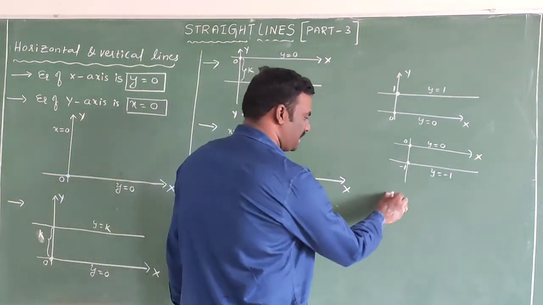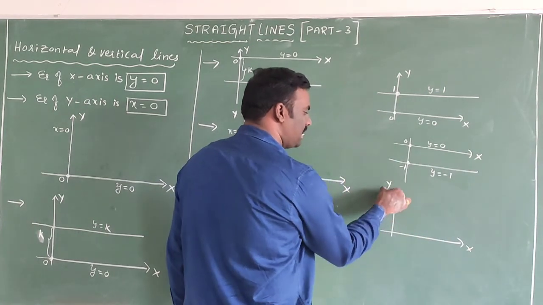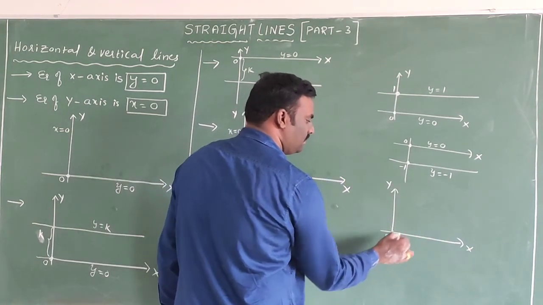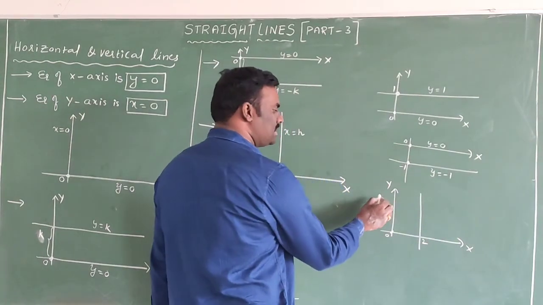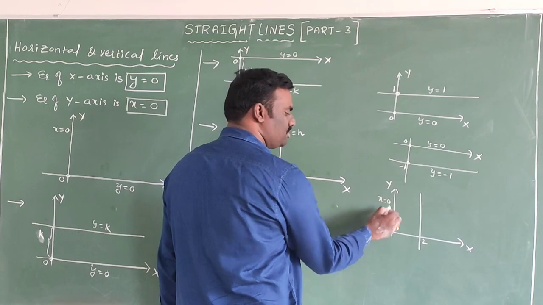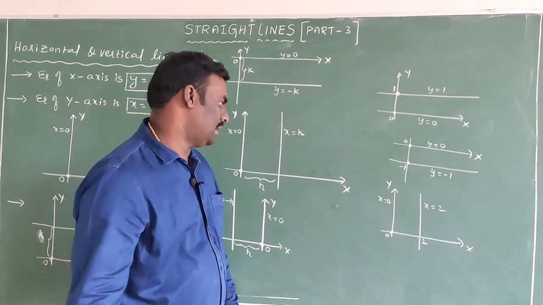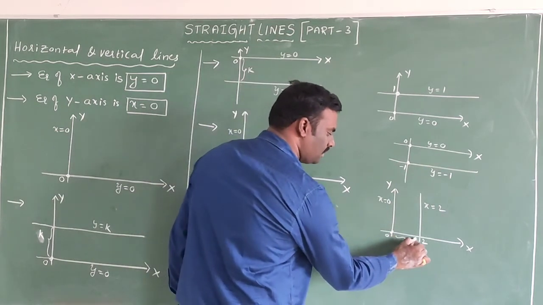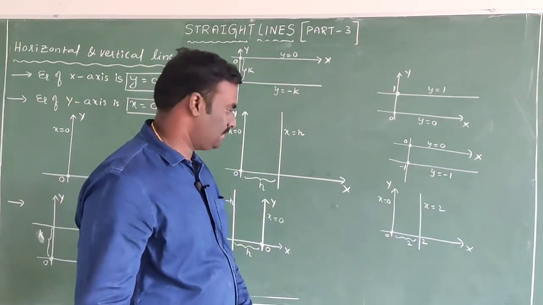If you take same example, this is x axis and this is y axis and this is origin, it is passing through 2. Y axis equation is x is equal to 0. So this is x is equal to 2. Because this is 2 units right side of y axis.